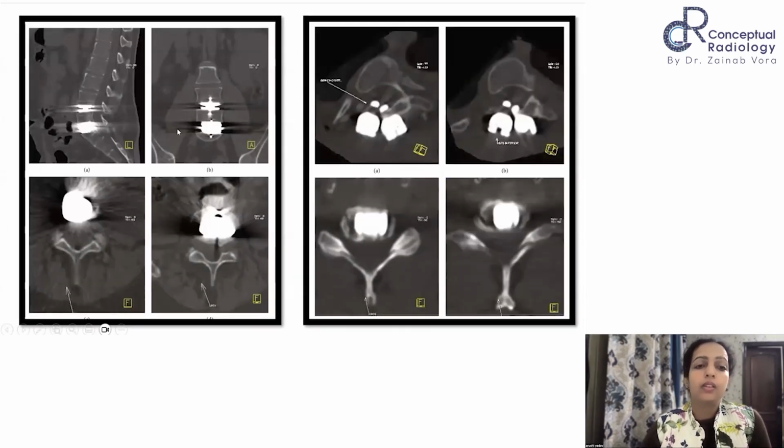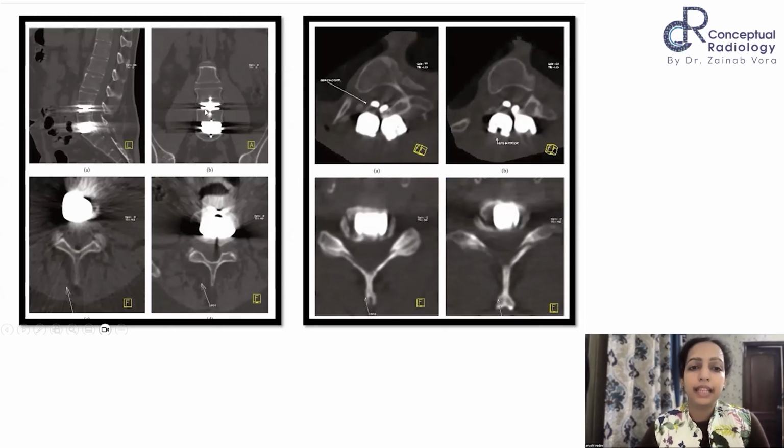Coming to this, so the implants, the hardware that they use could be of different materials. Depending upon that, this is something which is stainless steel. So the stainless steel implants or the hardware, they have a tendency to give out significant artifacts. These are streak artifacts. Something which is very dense tends to cause the shadowing of alternative hyper and hypo dense line-like changes.